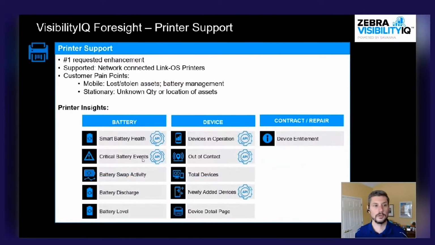Before I do that, though, I did want to focus a little bit on the print side of things. So a lot of the rest of the presentation is going to be really heavy on the mobile compute side, but to just quickly highlight what we have with printers today. So first off, this system that we had was very exclusive to mobile computers.